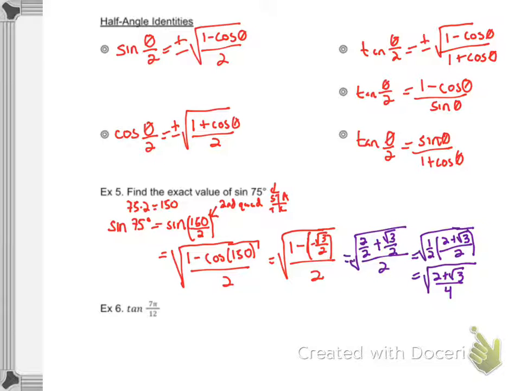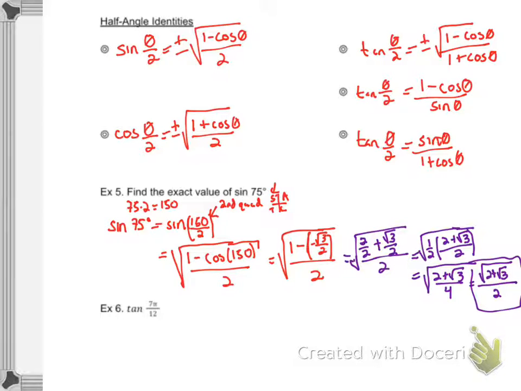The top part, when you square root it, is what it is. There's nothing for me to simplify. But the denominator, when I square root it, comes out as a 2. So I can rewrite this as the square root of 2 plus the square root of 3 all over 2. That 2 is not included because I already took the square root of it. And that's my final answer here.